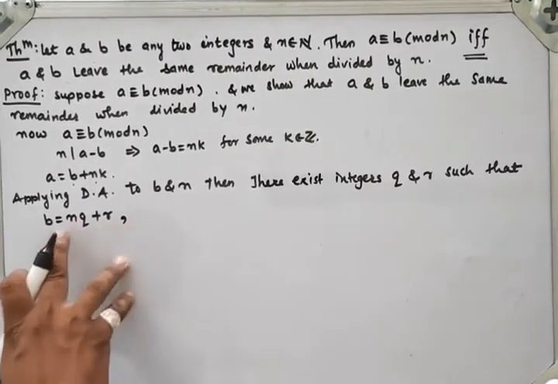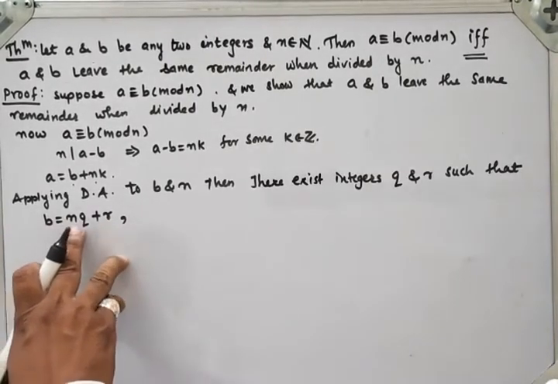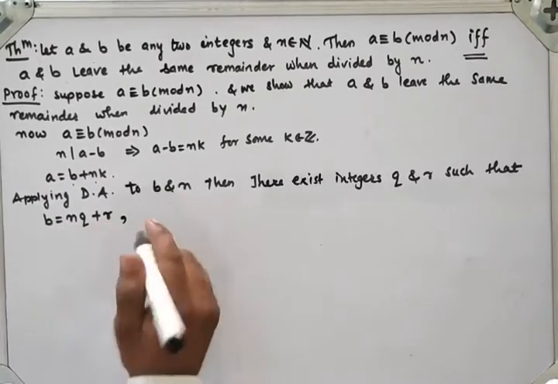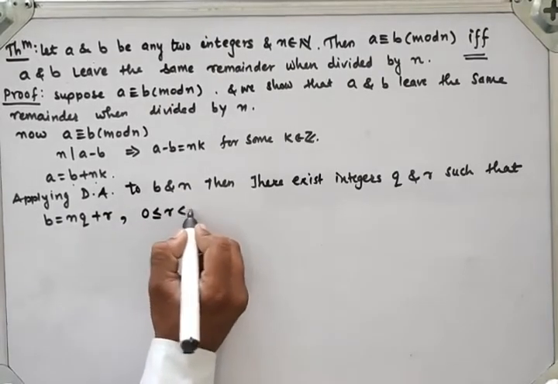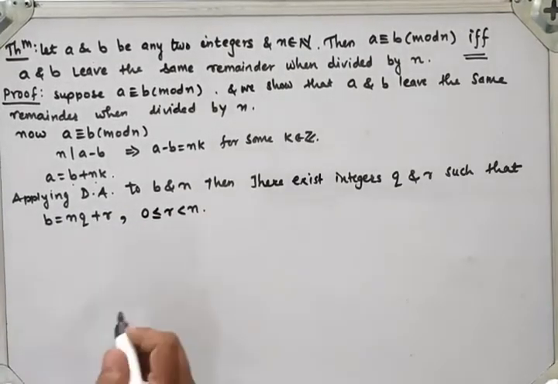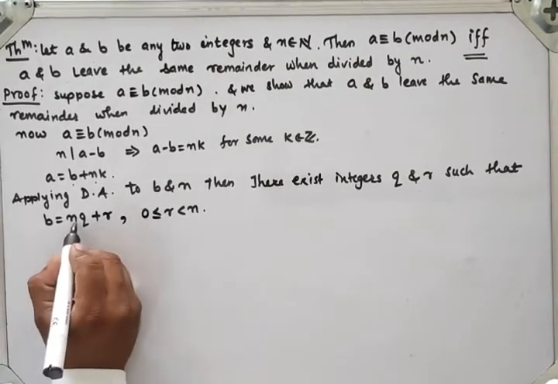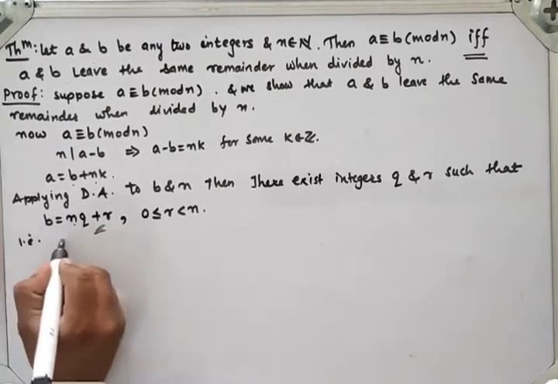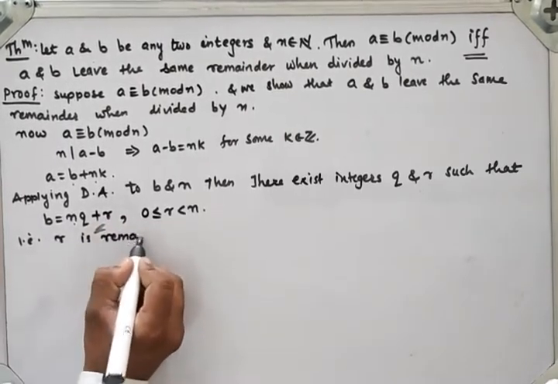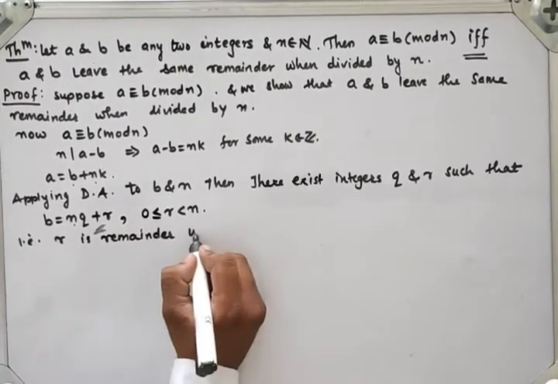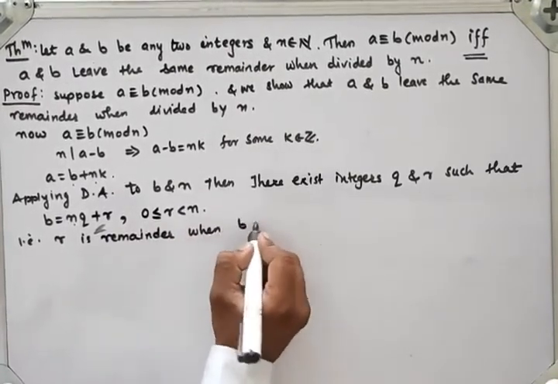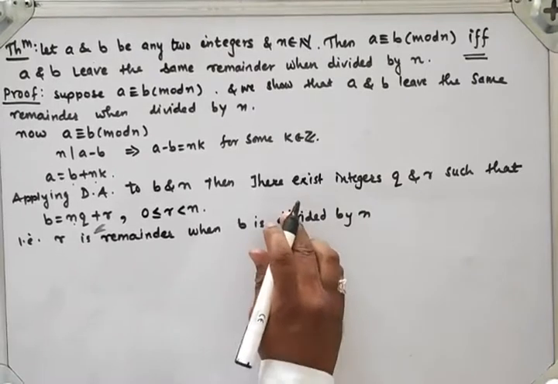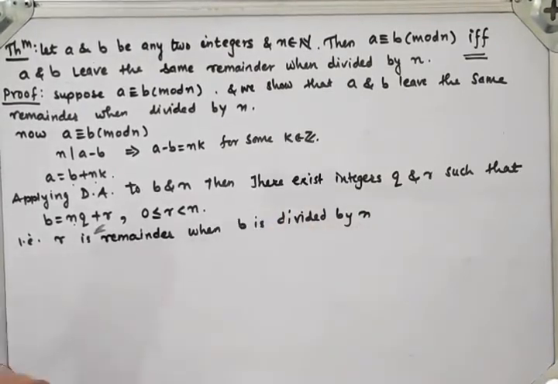We divide b by n, so there exist quotient q and remainder r, with 0 less than or equal to r, which is strictly less than n, right? That is, r is the remainder when b is divided by n.